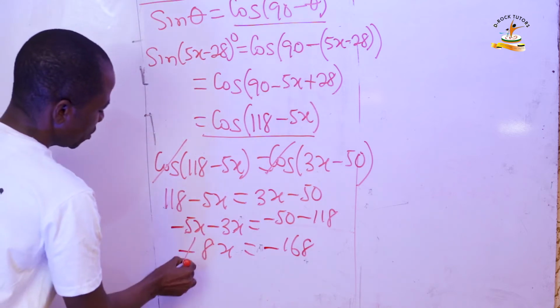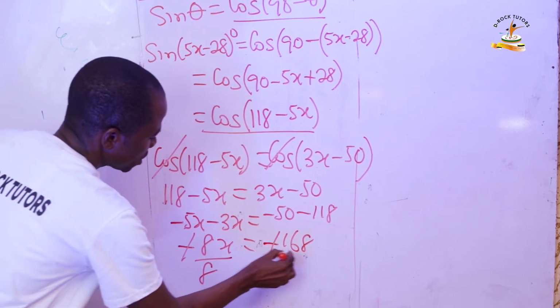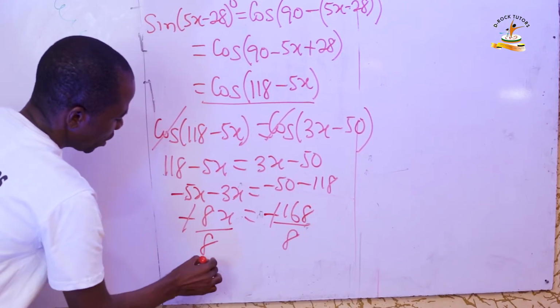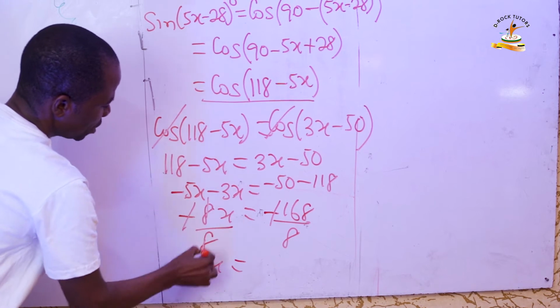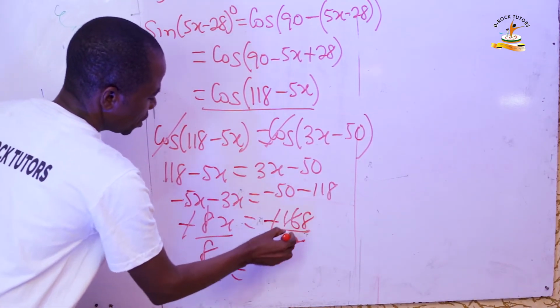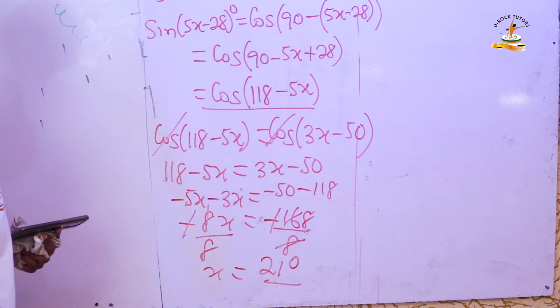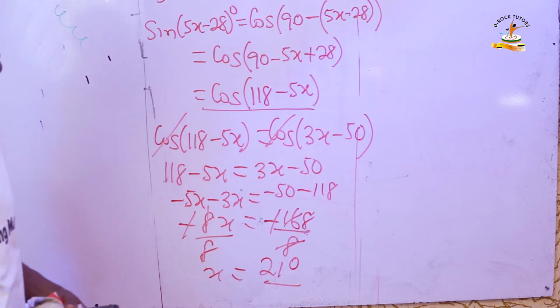And since there's minus on both sides, we cancel it, and then we divide both sides by 8. So therefore, our x is equal to 168 divided by 8. So 8 goes here, that's 2, 8 goes here, that's 1. So the value of x is 21 degrees, option C.